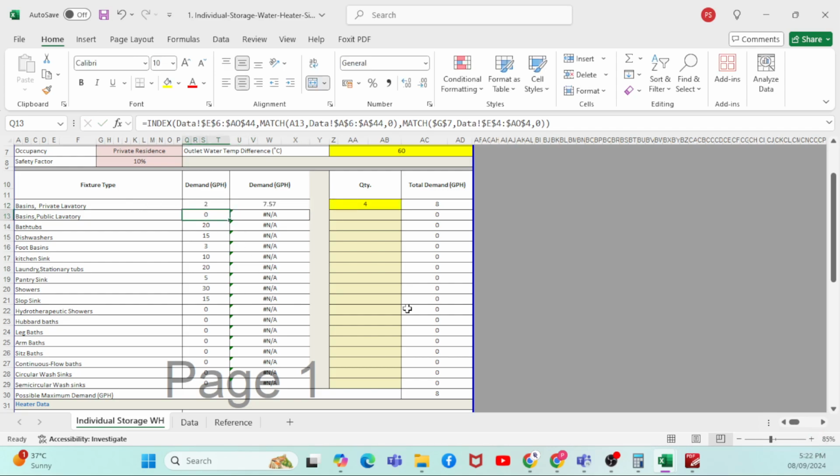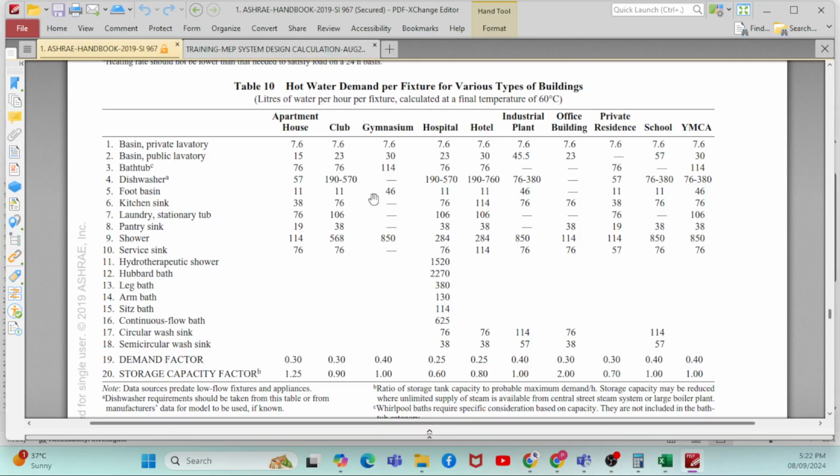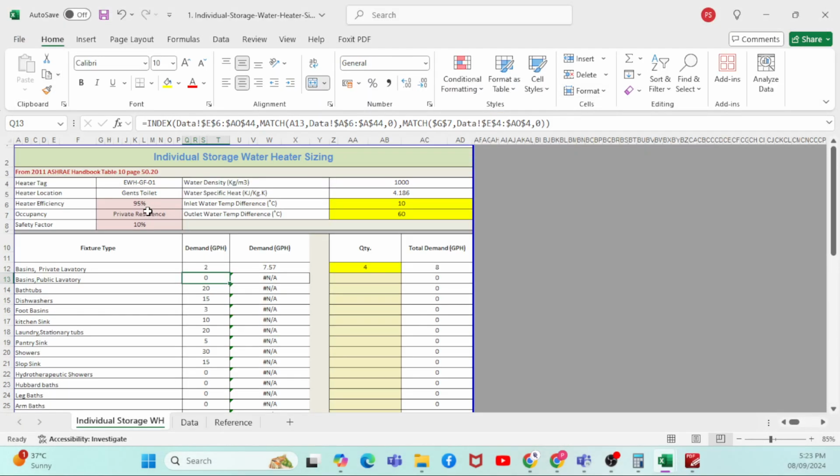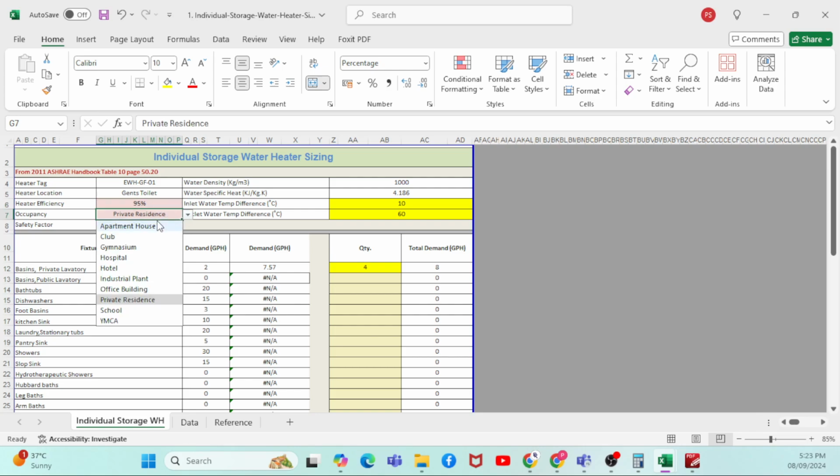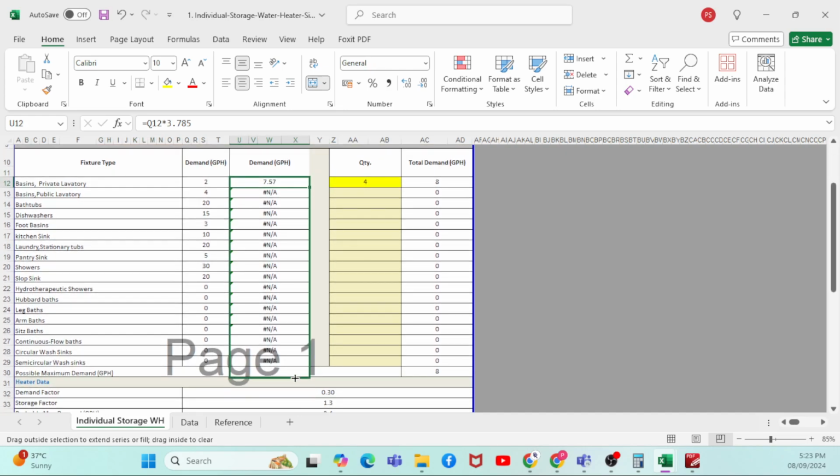So this will be 7.57, which is close to this value, right? If you have an apartment or private residence, the same value, right? So if I use the same thing everywhere, I will get the capacity value here. So this is in liters per hour.